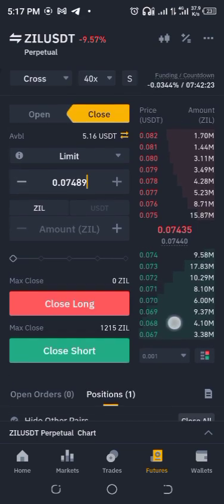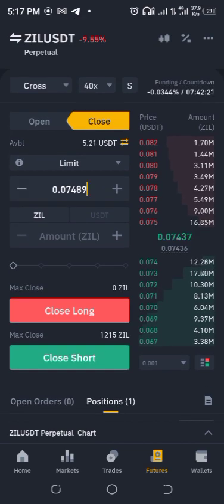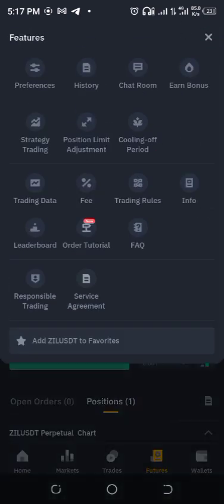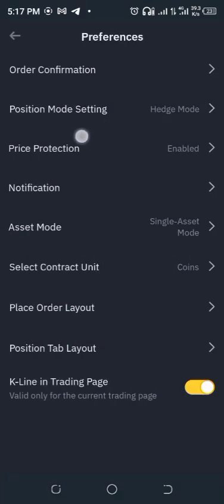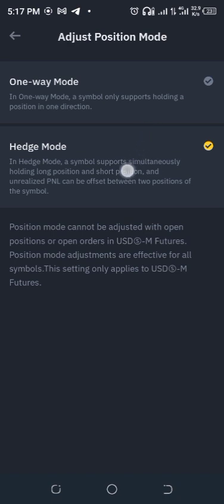So if you want to go into the hedge mode, what you need to do is go to these three dots up here. You click on it, go to preference, and go to position mode settings. Then you see you have one-way mode and hedge mode.